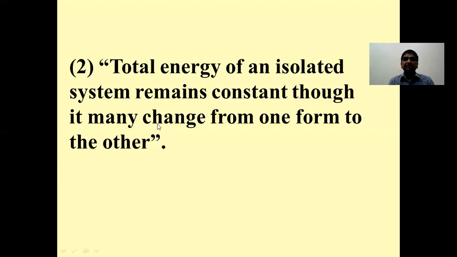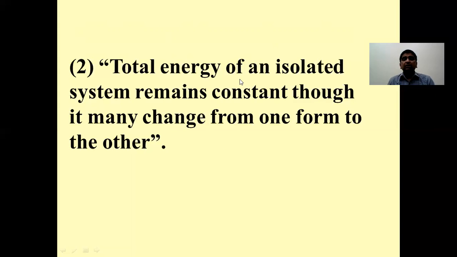It means there is possibility of change of one form of energy into another, or another form of energy can be converted into the first form of energy. But at the same time, the total energy of that particular isolated system remains constant. So this is one of the statements of the first law of thermodynamics.